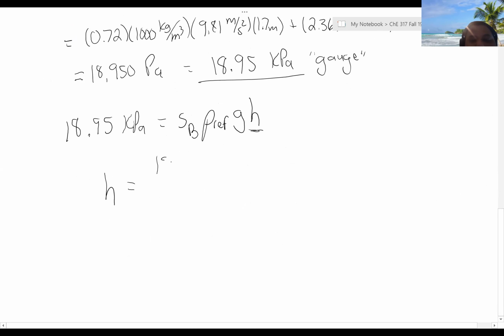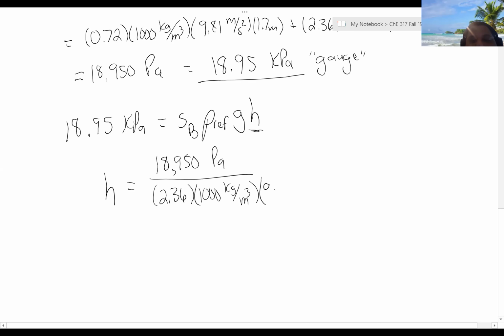Or we get 18,950 pascals over 2.36 divided by 1,000 kilograms per cubic meter divided by gravity, 9.81 meters per second squared. And that should give us our height in meters.